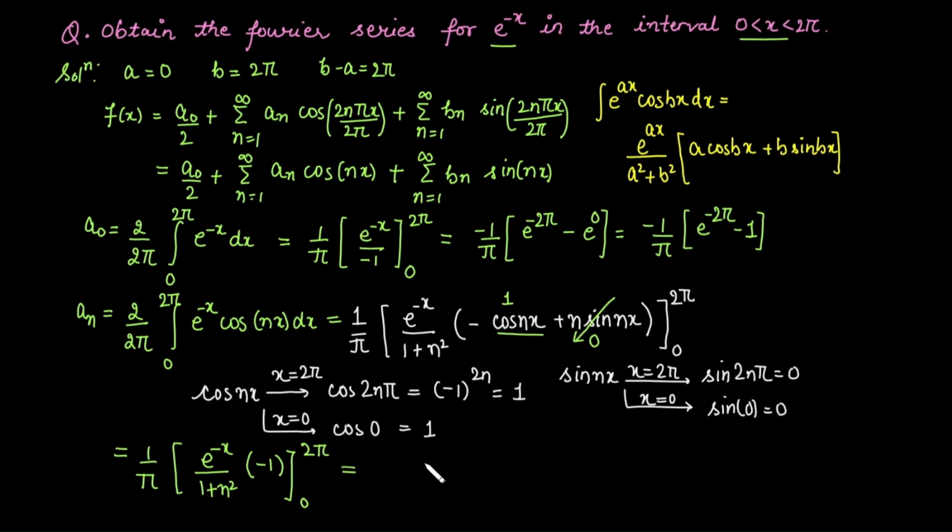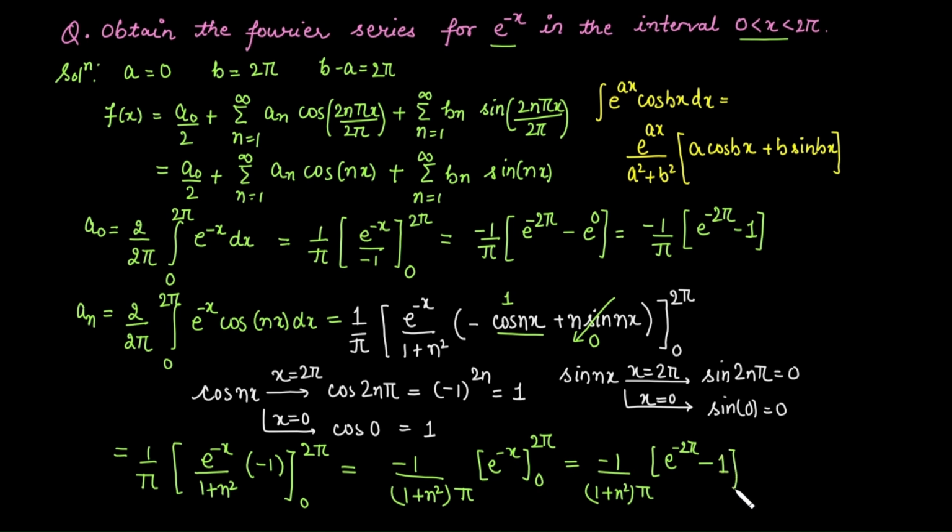This is further equal to minus 1 upon 1 plus n square into pi, because n is not depending upon x and we have taken the negative sign outside. e raised to power minus x, lower limit is 0, upper limit is 2 pi. Now substitute the limit. We have e raised to power minus 2 pi minus e raised to power 0, which is 1. And this is the value of an in this case.